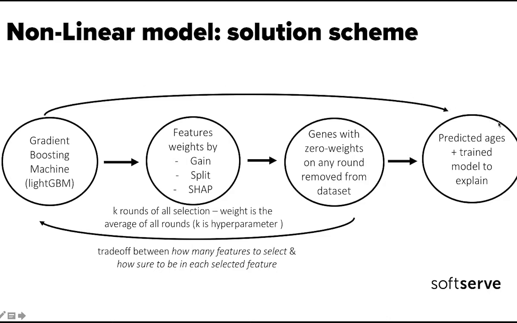So using this new model and those selected genes, we predict ages, and at the same time we have a trained model to explain. Again, we do this because we know that not all 18 hundreds or thousands of genes are needed, and we want to help the model to find really those genes that for all iterations would have good weights.